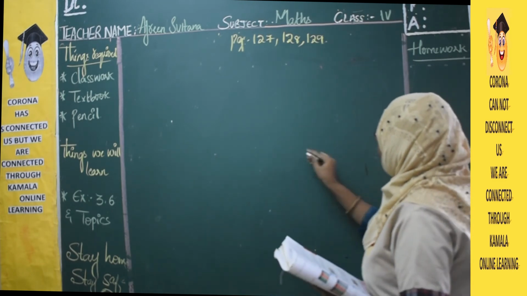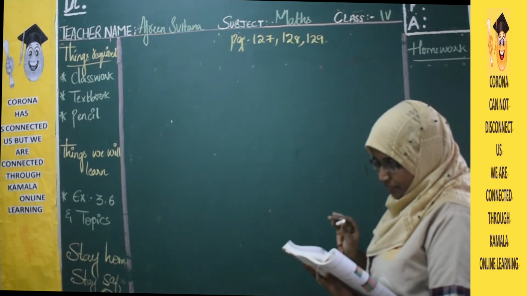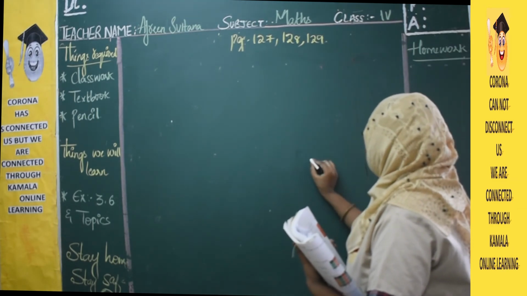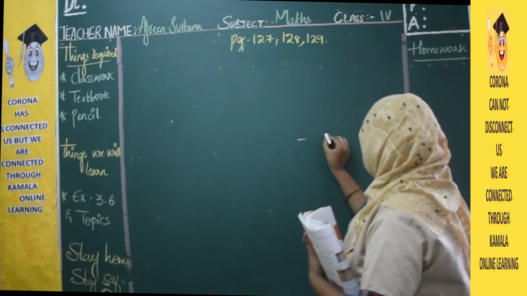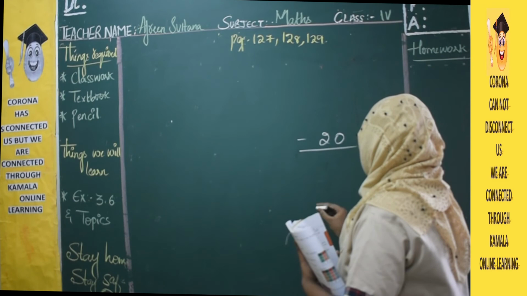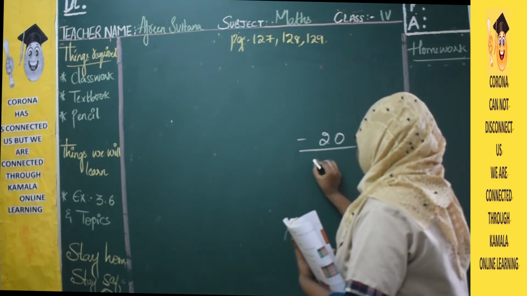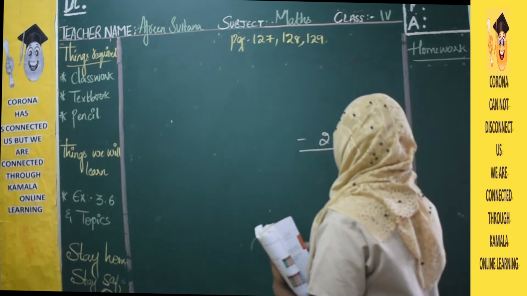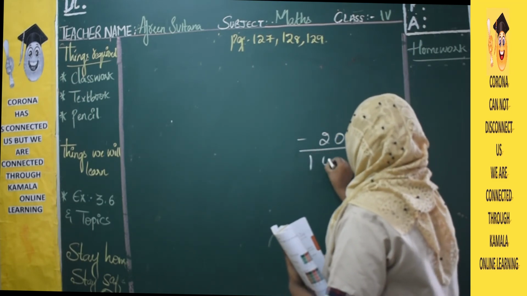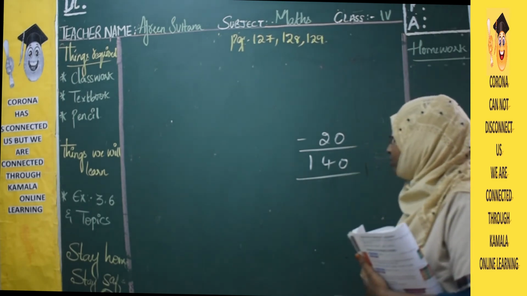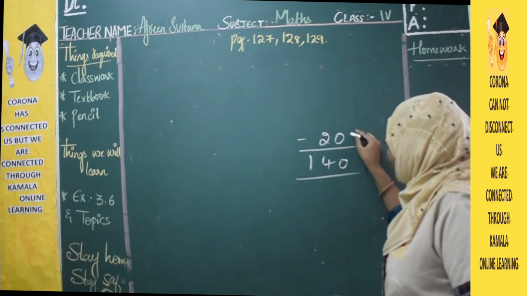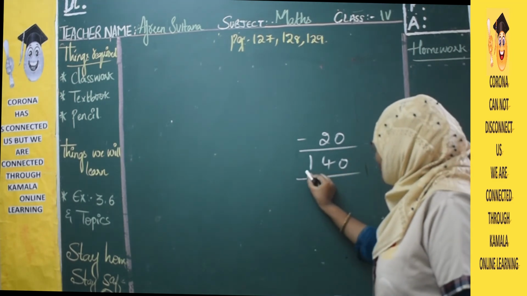So, when we subtract 20 from a number, we get a difference of 140.